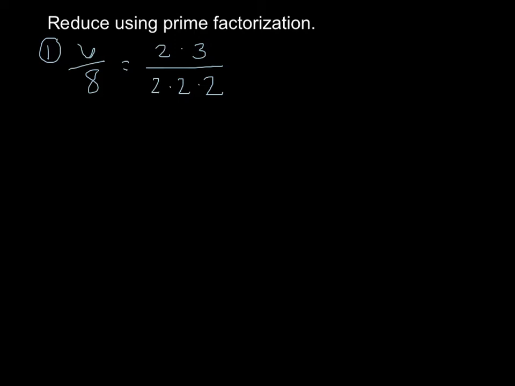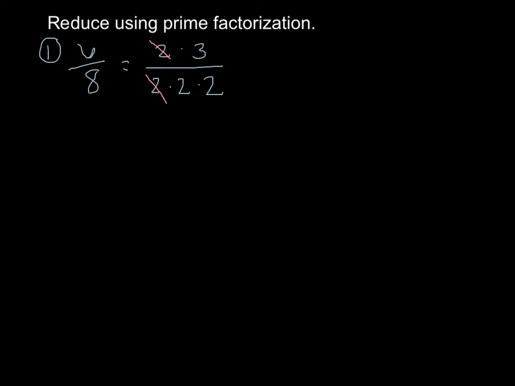So a rule that is so nice and so easy for us to follow is if there's a number on the top and we're multiplying all these numbers, this doesn't work for addition or subtraction, but if we are multiplying numbers together and I see some on the top, some on the bottom, I can just cross them out. So I see I have a 2 on the top and a 2 on the bottom. So I get to cross 1, 2 off.